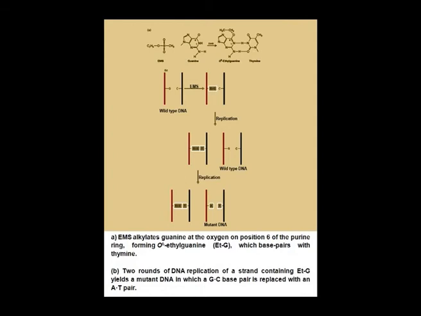In this figure, you can see EMS alkylates guanine at the oxygen on position 6 of the purine ring, forming O6-ethyl guanine, which base pairs with thymine. Two rounds of DNA replication of a strand containing O6-ethyl guanine yields a mutant DNA in which a GC base pair is replaced with an AT pair.